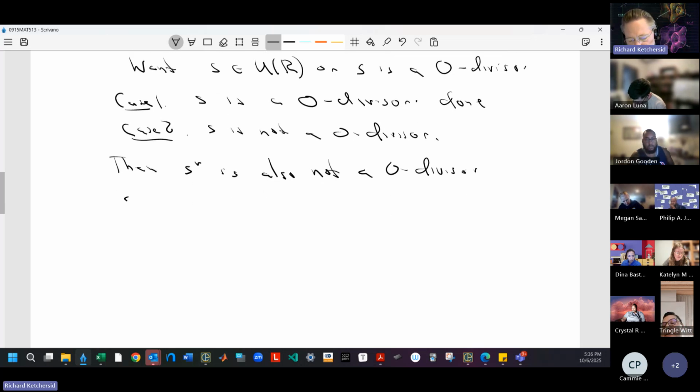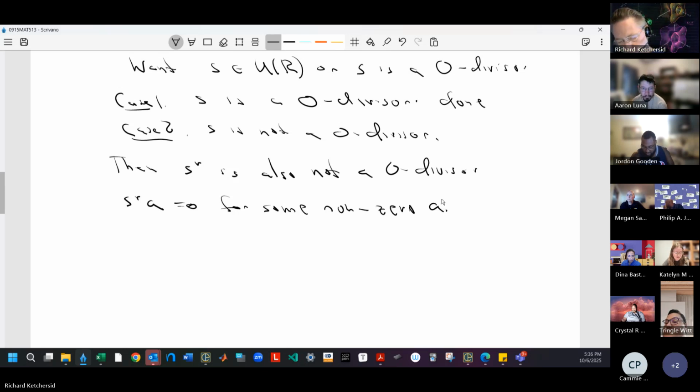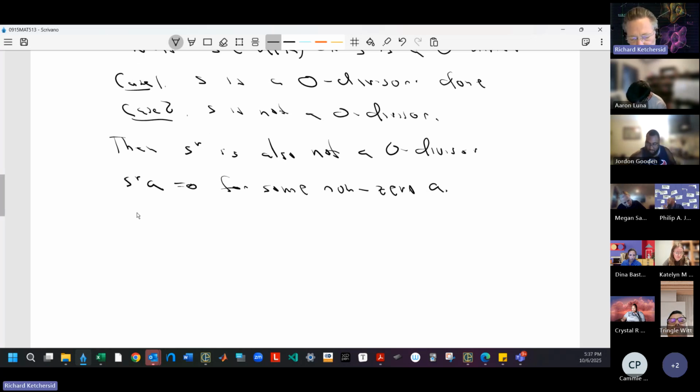Well, if S to the R was a zero divisor, then S to the R A would equal 0 for some non-zero A. I guess maybe I have to be a little bit careful. And so in that case, S times S to the R minus 1 A would also equal 0.